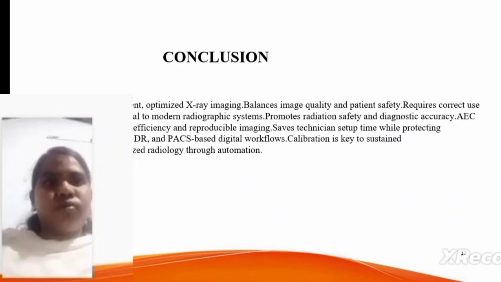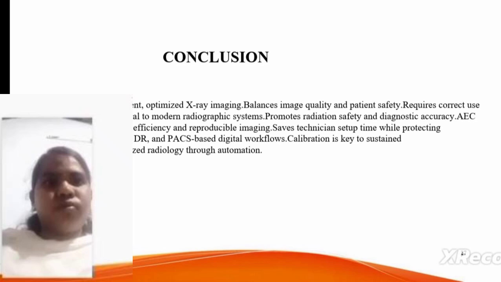Next, our conclusion: automatic exposure control ensures consistent, optimized X-ray imaging, balances image quality and patient safety, requires correct use and calibration, is integral to modern radiographic systems, and promotes radiation safety and diagnostic accuracy.